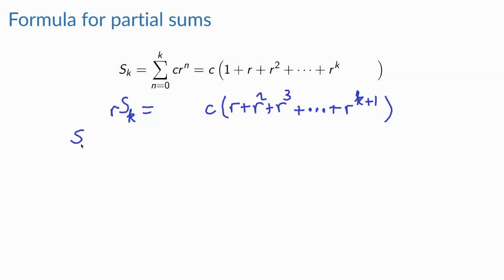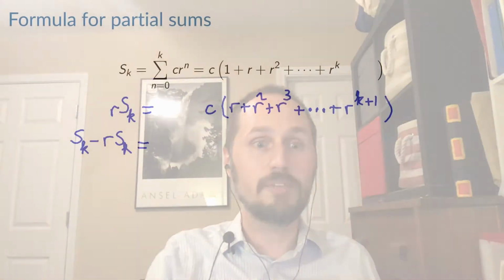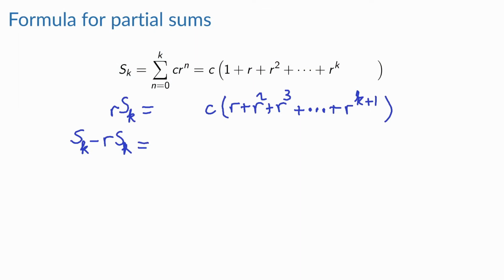But now the trick is that I'm going to take the difference between the two of them. I am going to calculate S_k minus r times S_k. And here, that's where the magic comes in. These terms are going to pair up with each other, because here I have r and r.